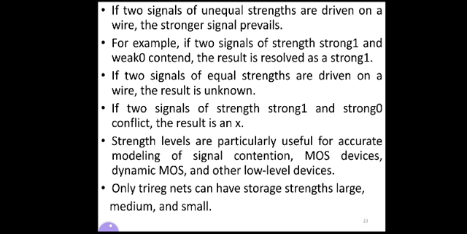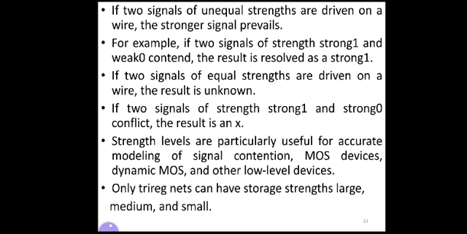For example, if there are two signals of strength strong 1 and weak 0, refer to the table in which strong has the higher strength, whereas weak is lower than strong. That's why, if strong 1 and weak 0 contend in a driving signal, the result is resolved as strong 1, because strong 1 has higher strength compared to weak 0.